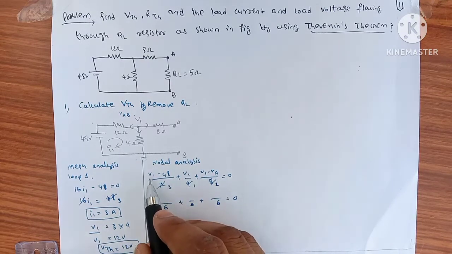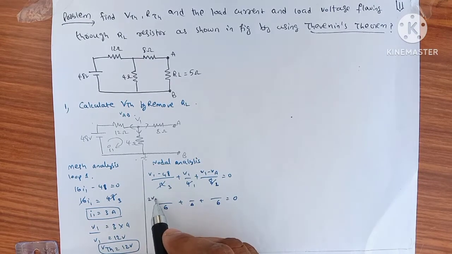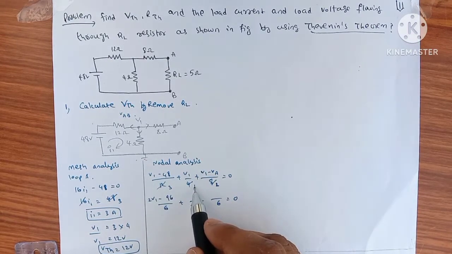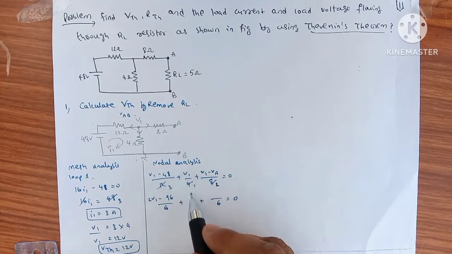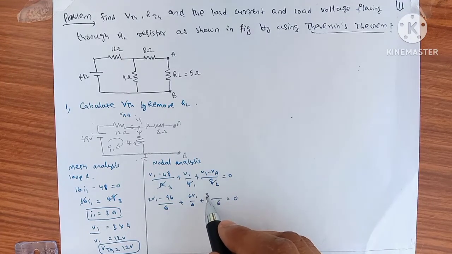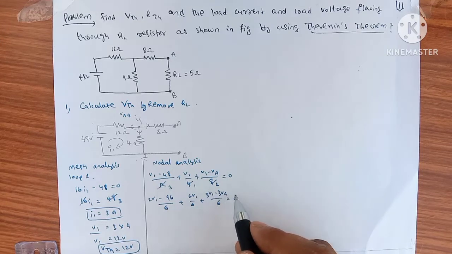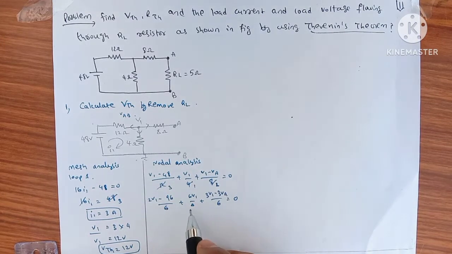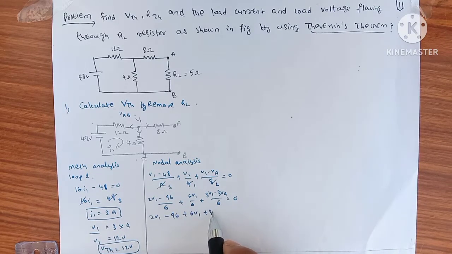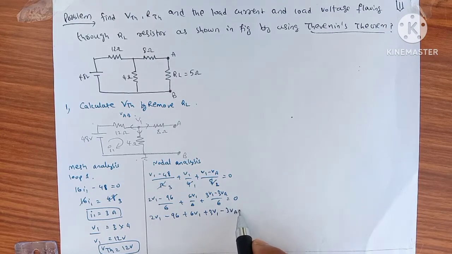So 2V1 minus 96 plus 6V1 plus 3V1 minus 3VA is equal to 0.